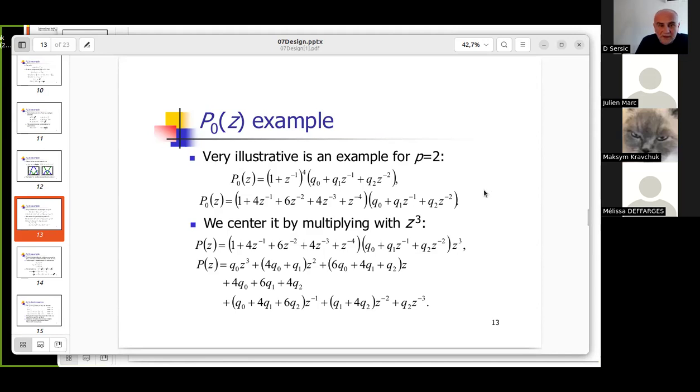So such a polynomial is of order 2. Now we will find out why 2p minus 2 is important. Okay, this is the factorized version.